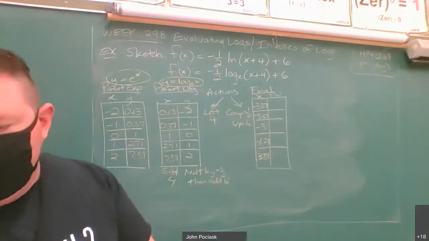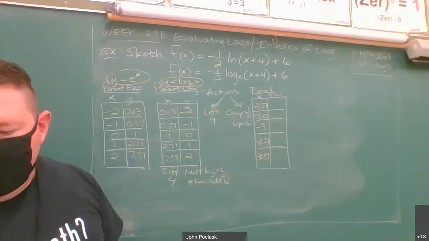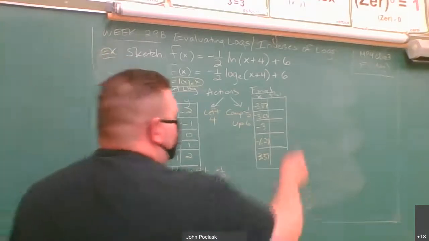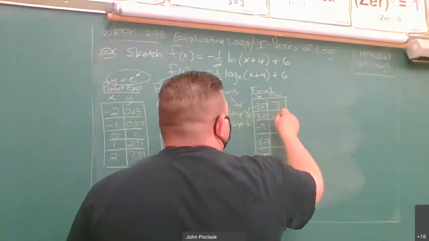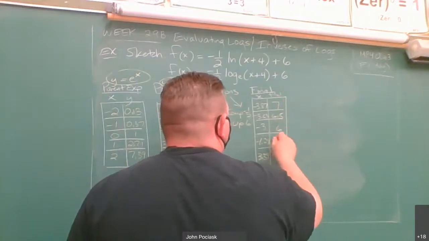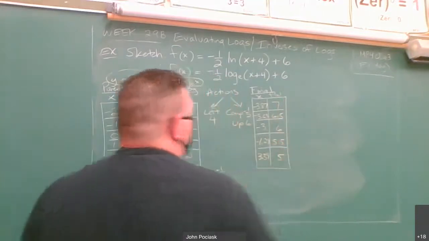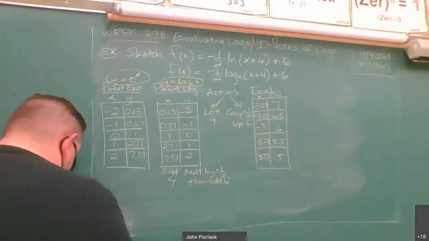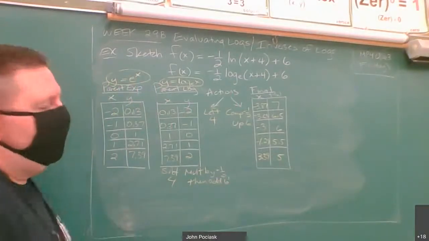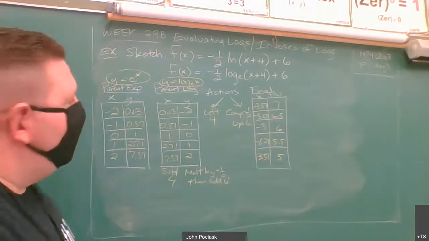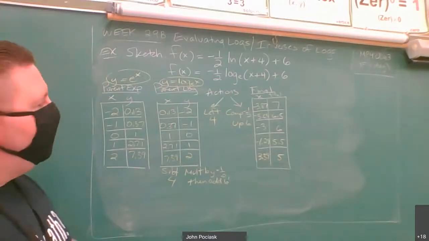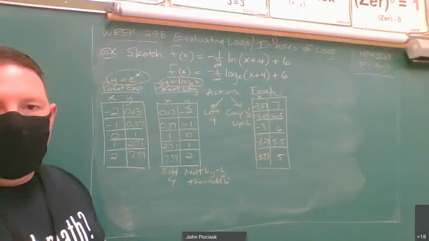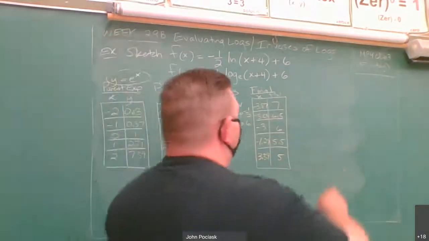In the y column, it starts at 7 and goes down by 1/2. So 7, 6.5, 6, 5.5, 5. You should have something very close to those. Now you make your decision on what size your graph needs to be. I can get away with just going up to 7, so that's what I'm going to do.